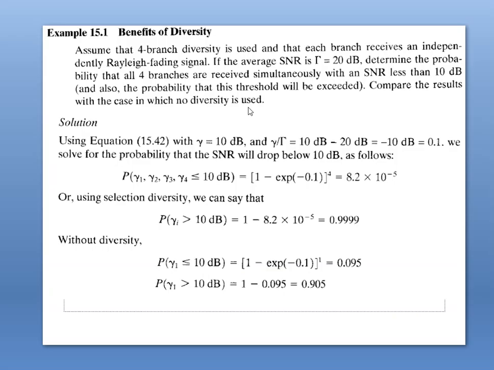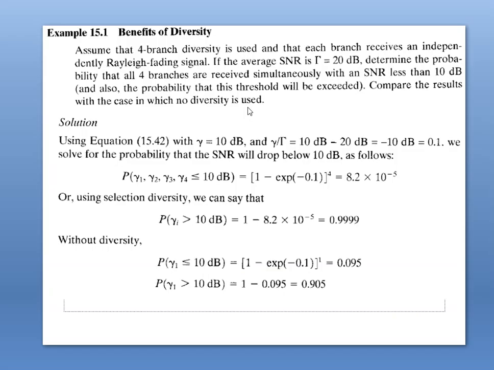In the above solution, we use the equation discussed earlier. In that, gamma is equal to 10 dB, and gamma by tau is 10 dB minus 20 dB, that is minus 10 dB, which is 0.1.